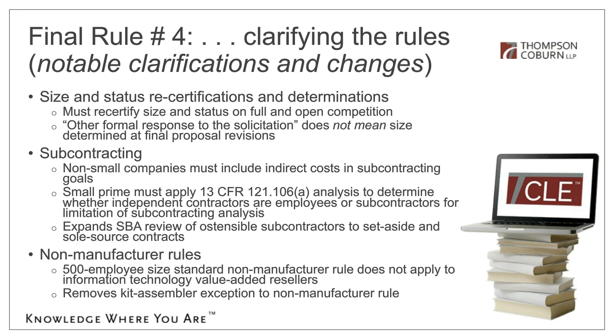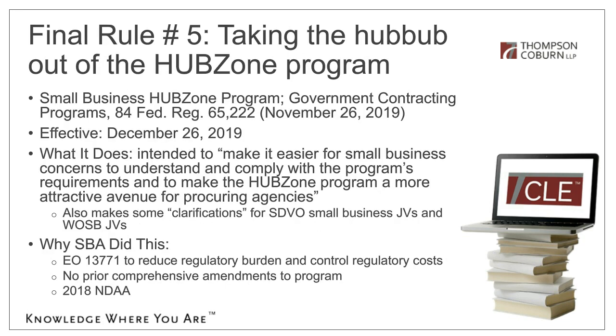So the final rule that I'm going to talk about is the small business changes to the HUBZone program. As I mentioned at the top of the program, this was something that I think will apply to non-HUBZone small businesses and large businesses, in part because really what SBA was trying to do with this change was to encourage more businesses to set up shop in HUBZones.